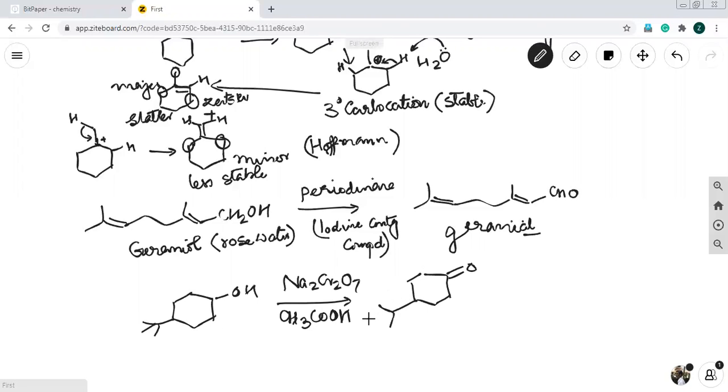Suppose you have this compound, a primary alcohol, CH2OH.